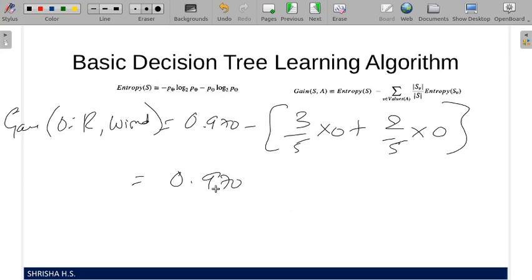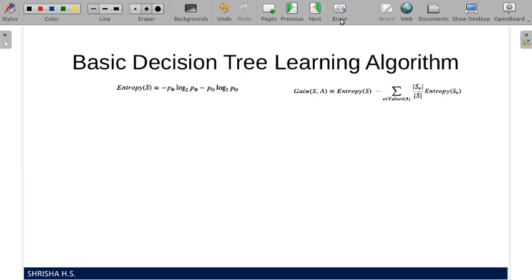So this one is 0.970, while temperature was 0.0198. So wind has the highest information gain. So when outlook is rain, we select wind as the descendant attribute.